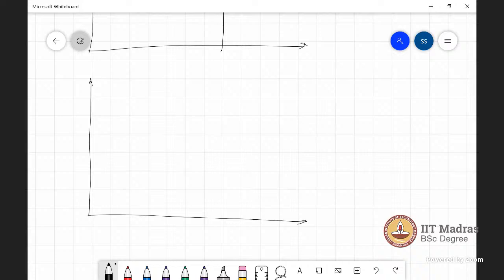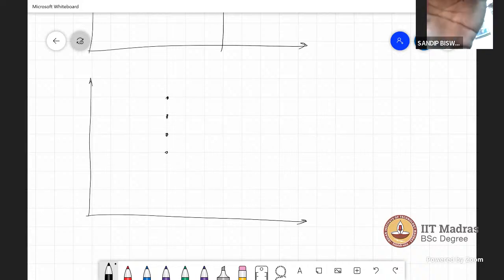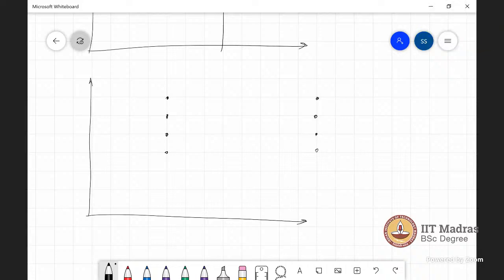Right. Now I got the point. So imagine there is a line going exactly between these two sets. This is one centroid, and this is another centroid.